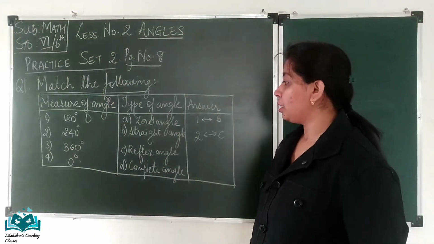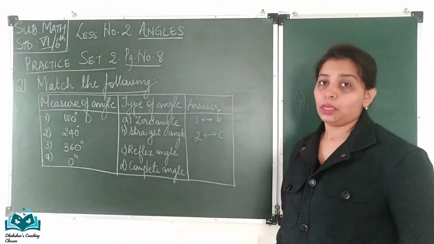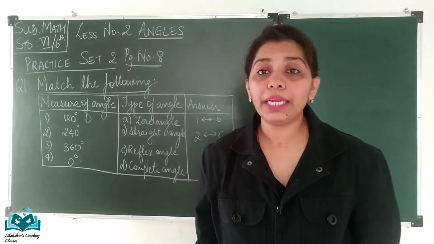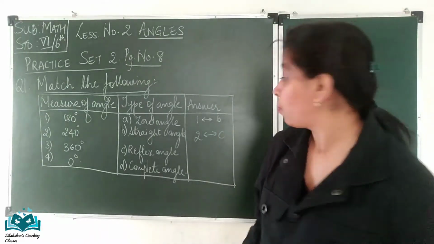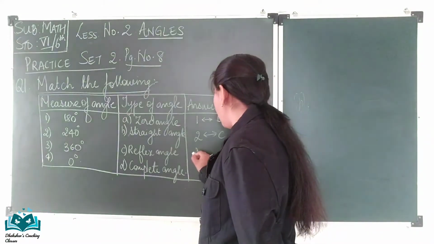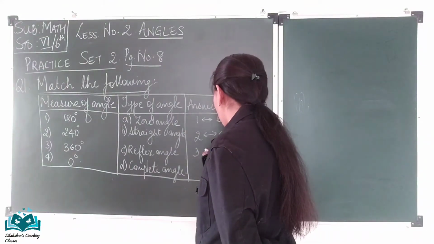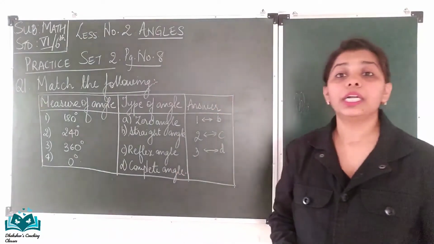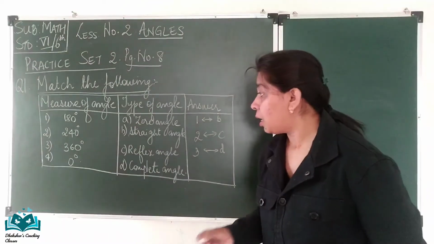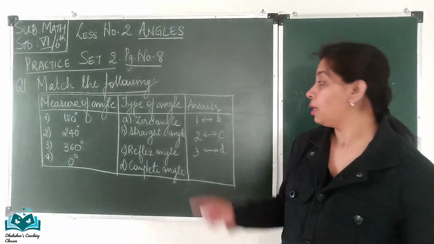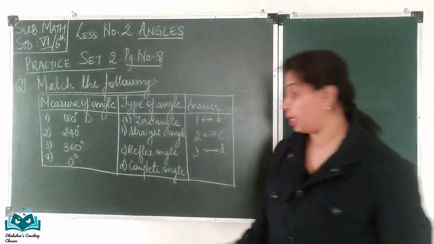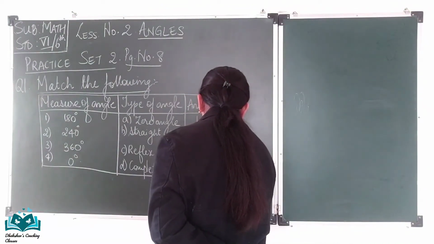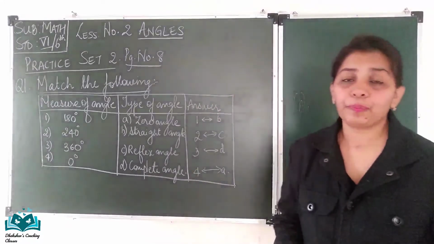The third one is 360 degree, means it is what type of an angle? It is a complete angle. So your third one, 360, the answer will be option D. Now we are left with 0 degree. It is option A. So 4, the correct option will be your option A.